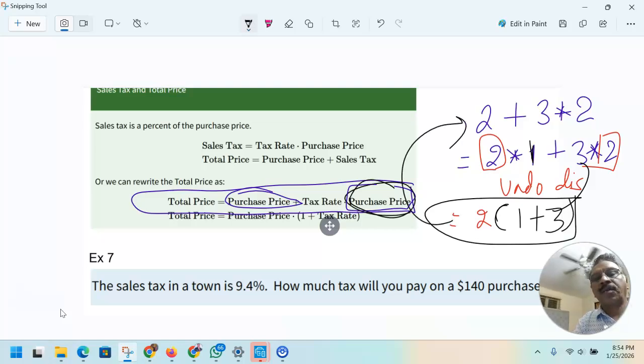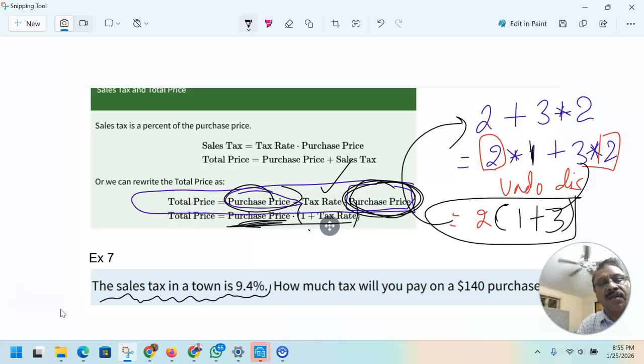So here you see this is the purchase price. You just write it only once, put a parenthesis, and you write 1 plus the tax rate. So this is how the formula works. Let's see, directly they give that the sales tax in the town is 9.4%. The first thing that comes to your mind is that the sales tax is 9.4 divided by 100.